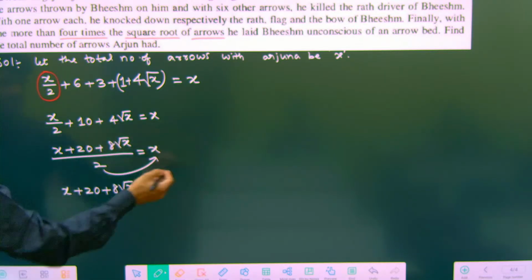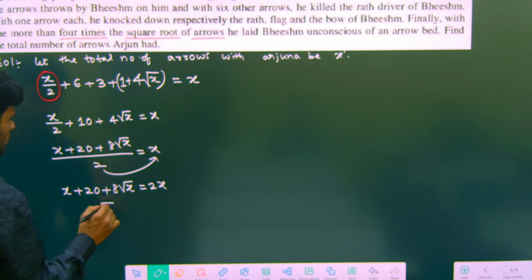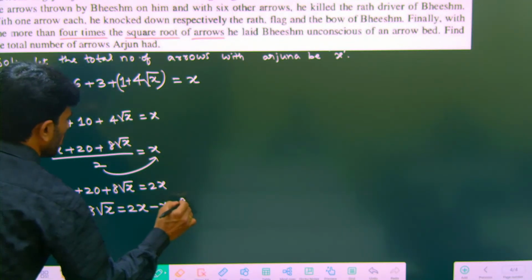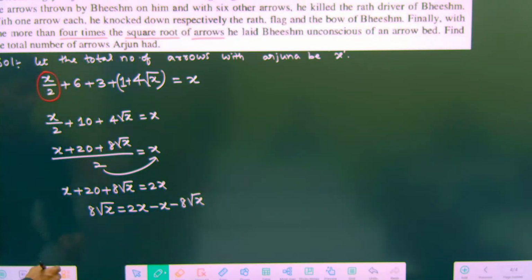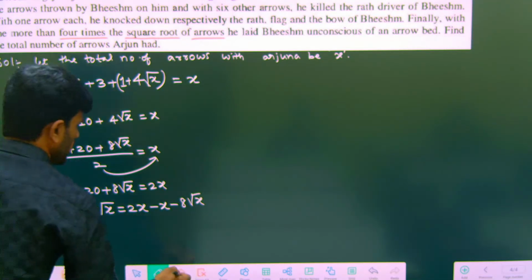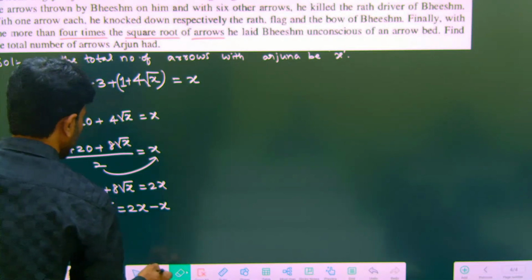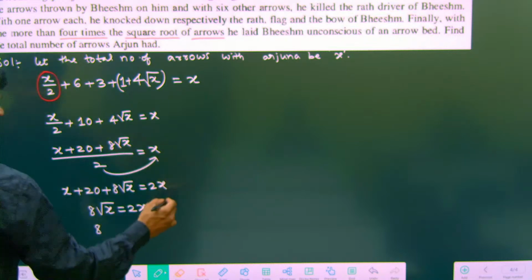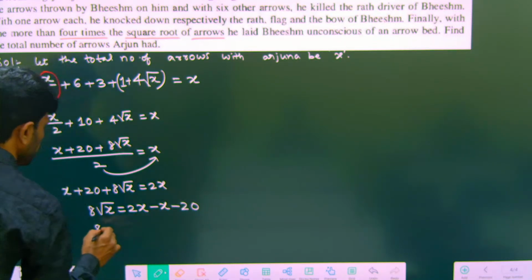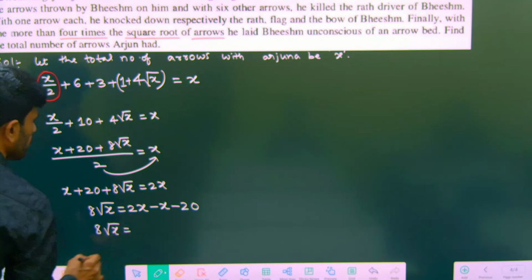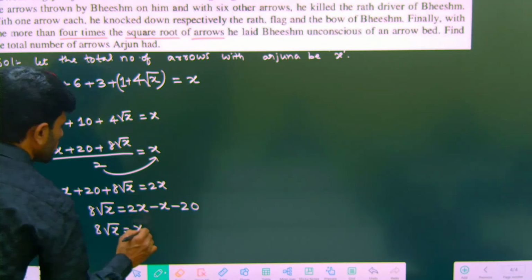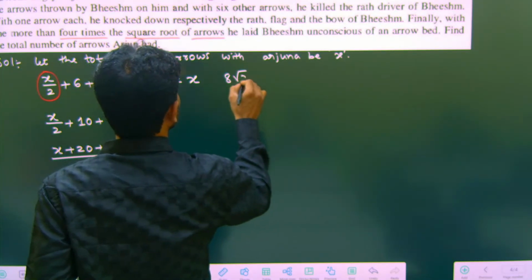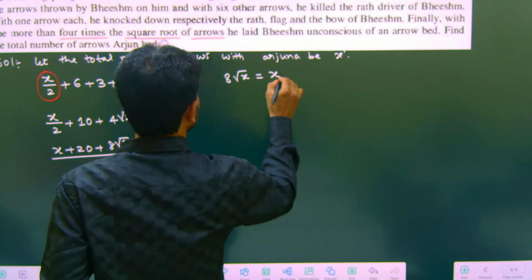Transpose this x plus 20 that side, and we get 8 root x is equal to 2x minus x minus 20. So till now we got the equation like this: 8 root x is equal to x minus 20.